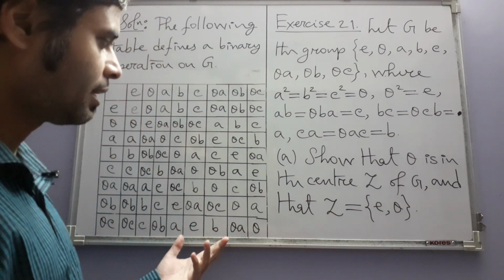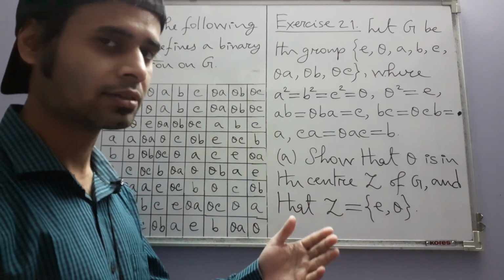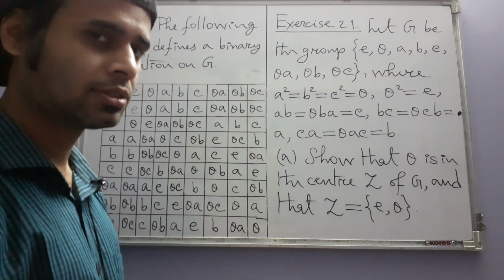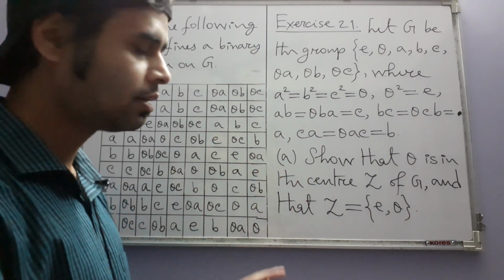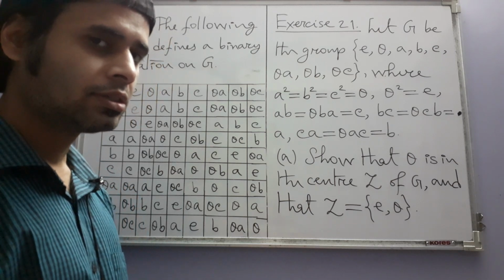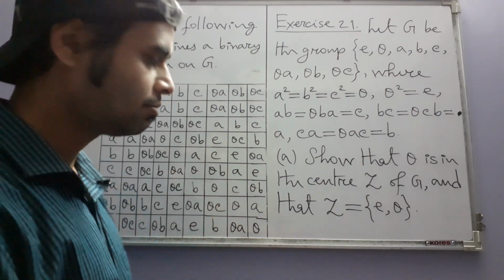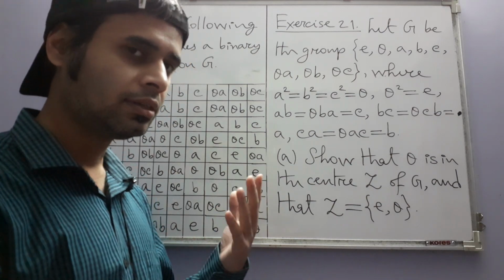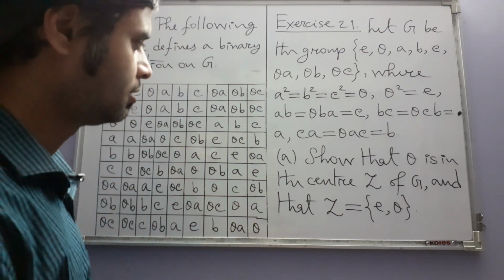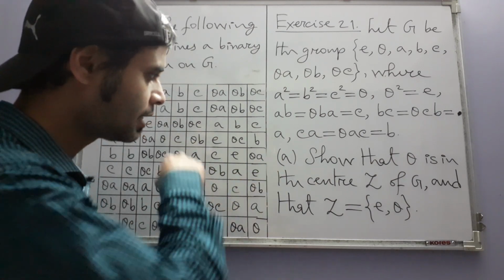Now, believe me or not, I have gone through the pains of actually writing down all the possible products of 3 elements and verifying that yes, this is an associative operation, which of course I am not going to do here. It's left to you. Either you can take my word for it, or in fact you should go through that same process of verifying that the operation is associative. All the possible products, no matter how you bracket them, give you the same element.